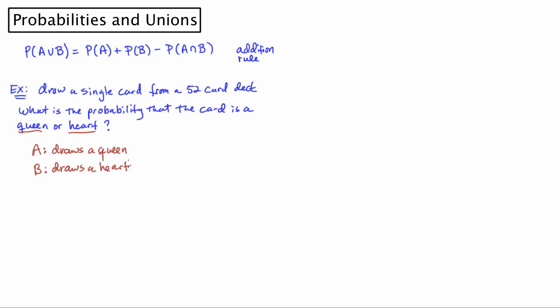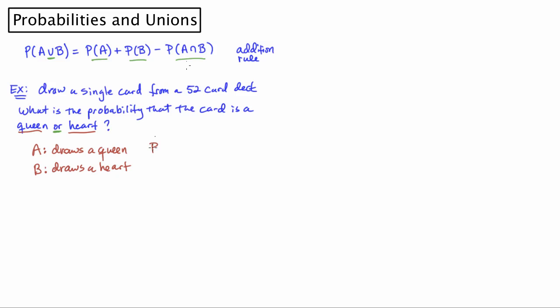If you look at our addition rule, in order to calculate the probability of A or B, the or coming from the union symbol, I need to calculate the probability of A, the probability of B, and the probability of their intersection.